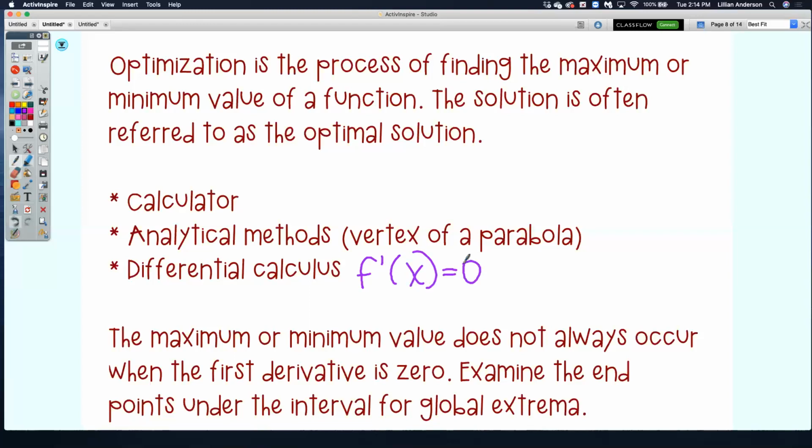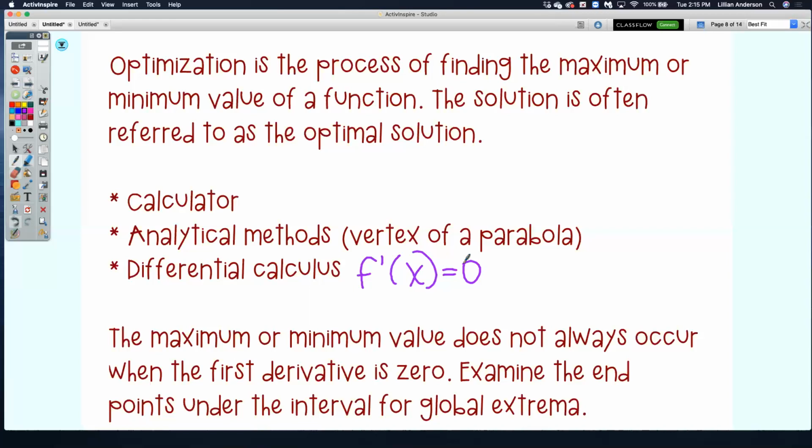The one thing you have to be aware of, and you need to be aware of this with the other methods as well, is that sometimes the maximum or minimum value does not always occur where the first derivative equals 0. You need to examine your endpoints as well. So let's say that you're given an interval restriction. Remember that there are such things as global maximums and global minimums. We talked about that.